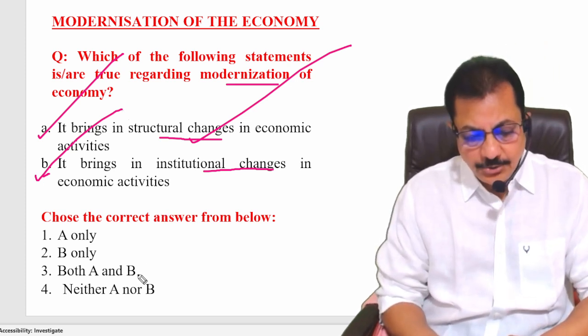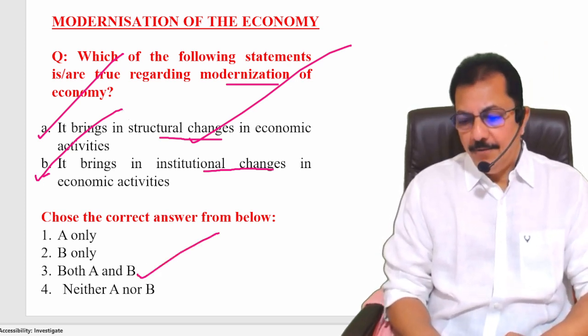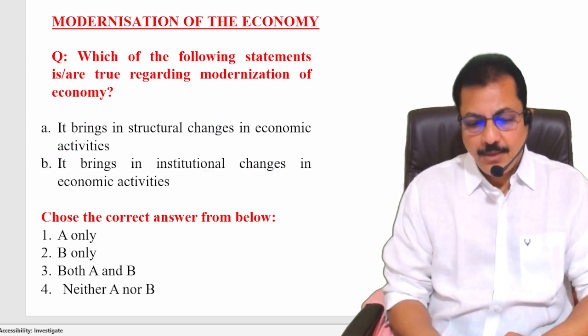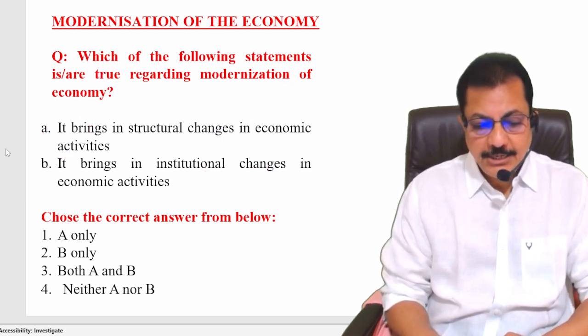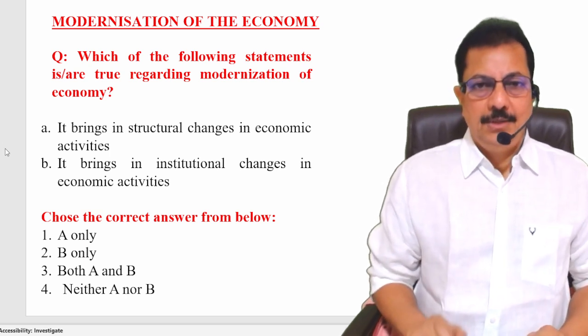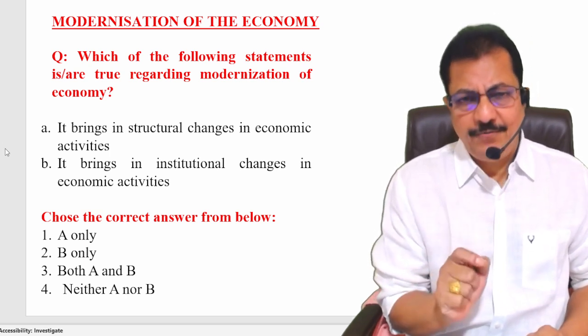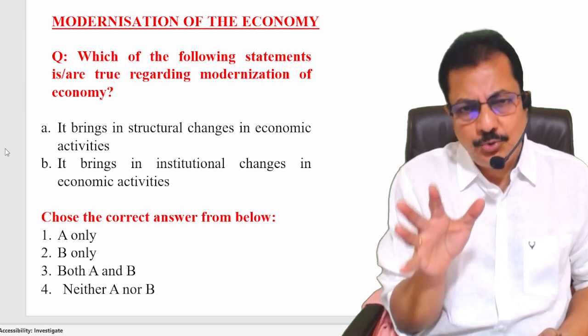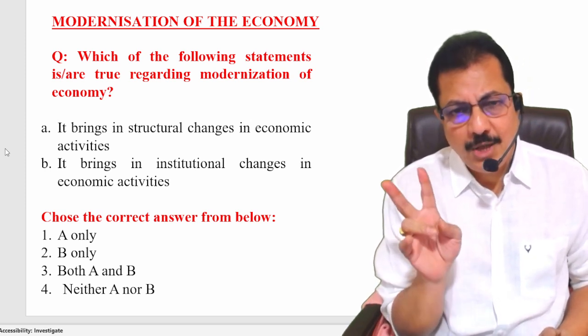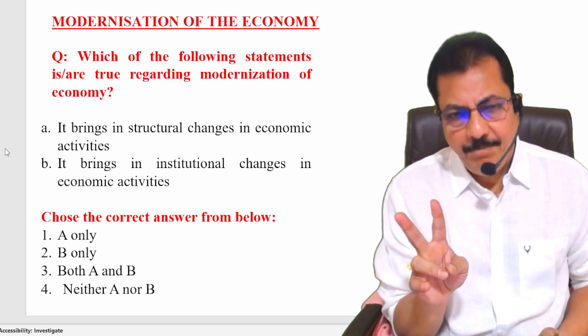So, my answer should be both A and B. Very, very important one. Please remember this one. Modernization will bring in certain changes. Changes in the structure of economy, changes in the institution of the economy. Both are possible because of the modernization.